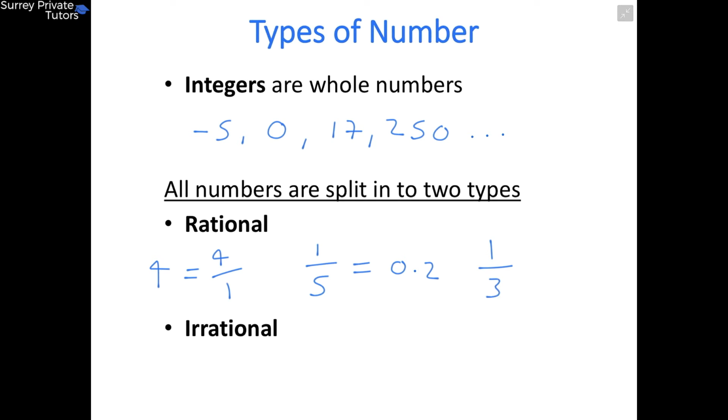And a third, that can be written as 0.3 recurring. So rational numbers can always be written as a fraction, and this does include repeating decimals.